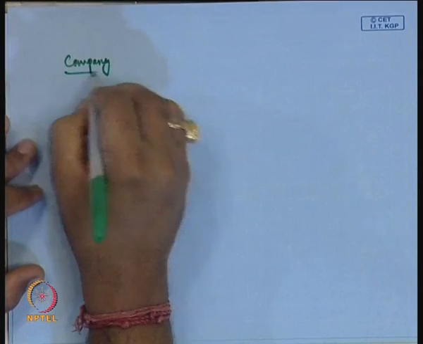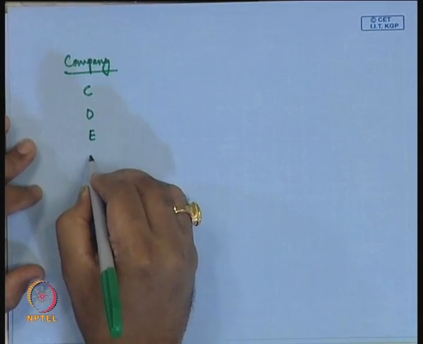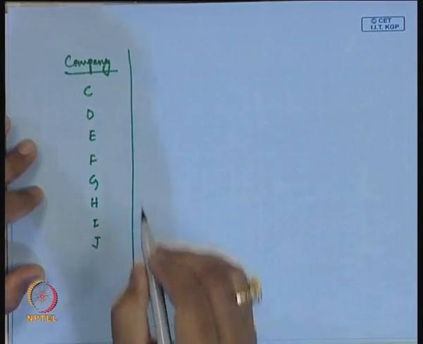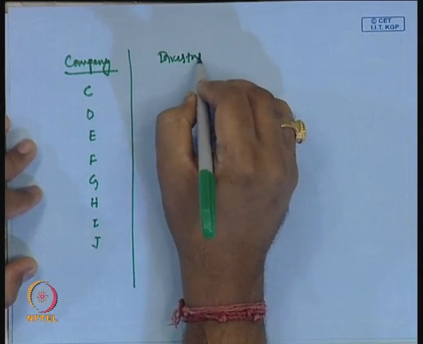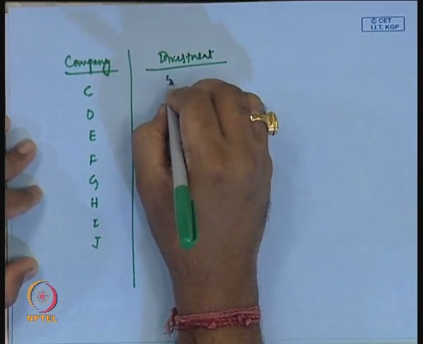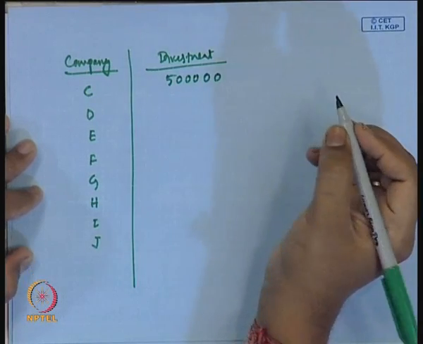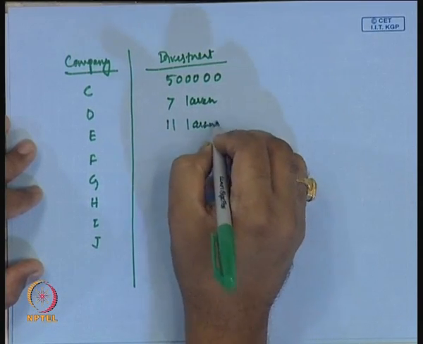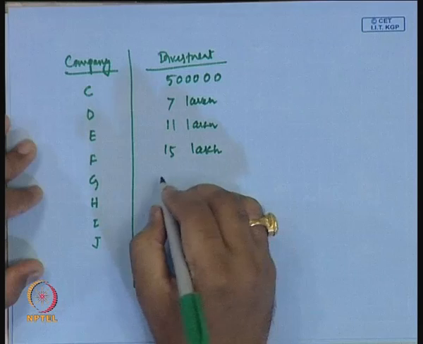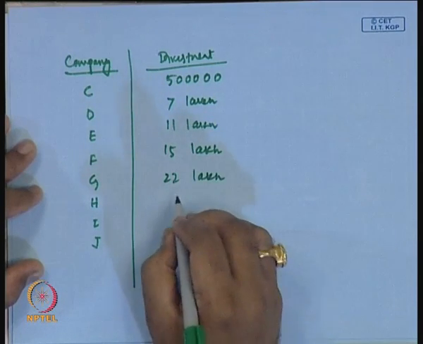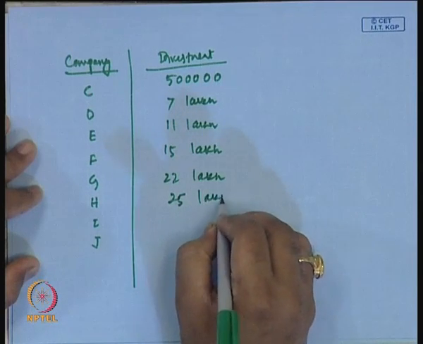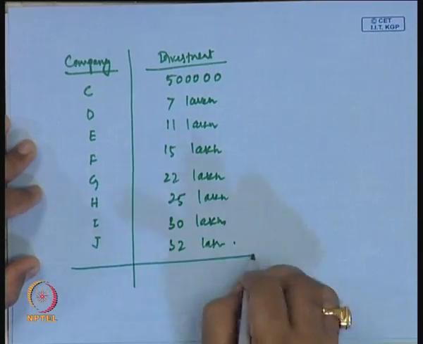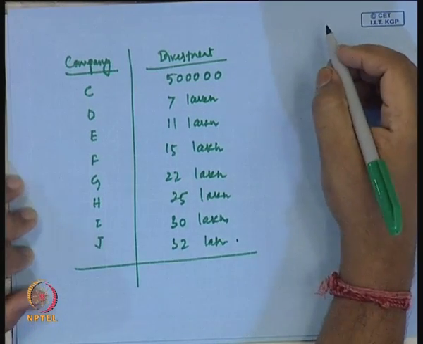According to their rule they have chosen the companies C, D, E, F, G, H, I, J. This is the investment they have made: in company C they have invested 5 lakh, 7 lakh here, 11 lakh in E, 15 lakh in F, then 22 lakh in G, 25 lakh in H, 30 lakhs in I, then 32 lakhs in J. So this is the way they have invested in these bonds.